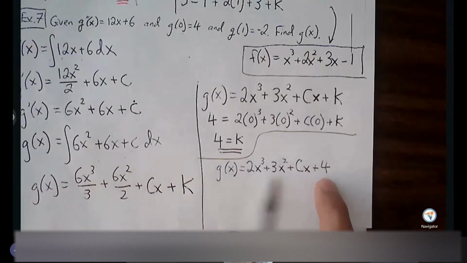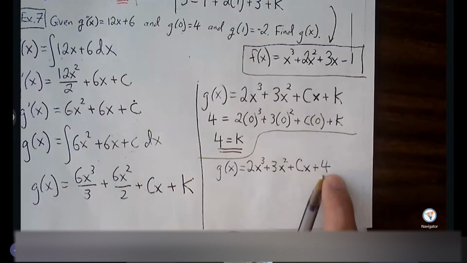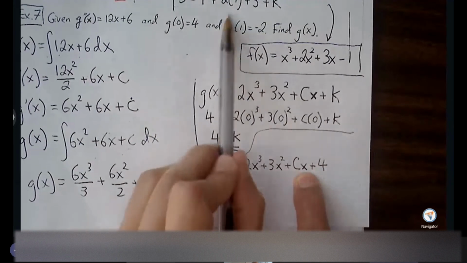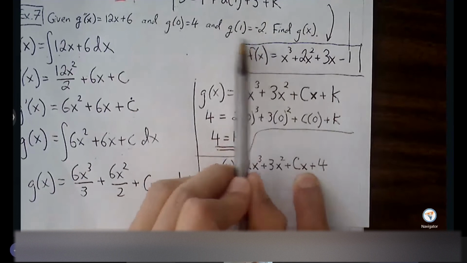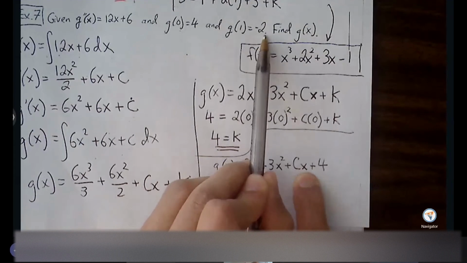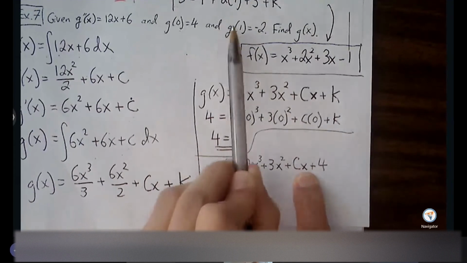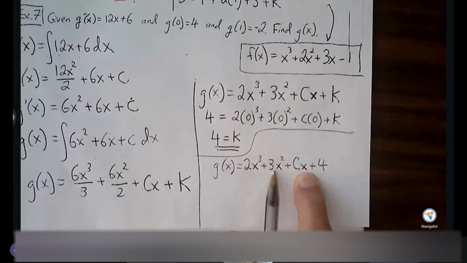So I took care of the k constant, and now the second ordered pair, I can use this to solve for c. So -2 goes in for my g of x, 1 goes in for all my x's.